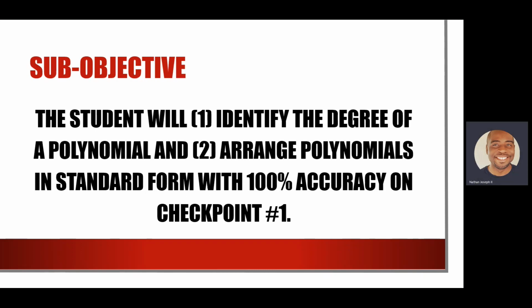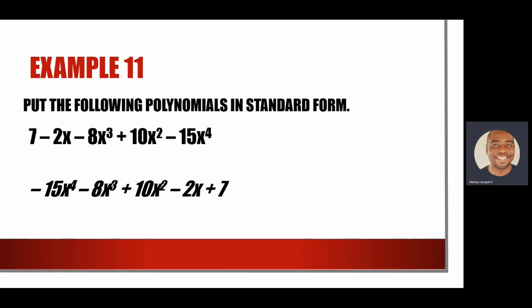As a review, the objective for this component of the lesson is for you to identify the degree of a polynomial and arrange polynomial expressions in standard form with 100% accuracy on checkpoint 2. So as a quick review for the first part of this objective, identifying the degree of a polynomial, look at example 11.